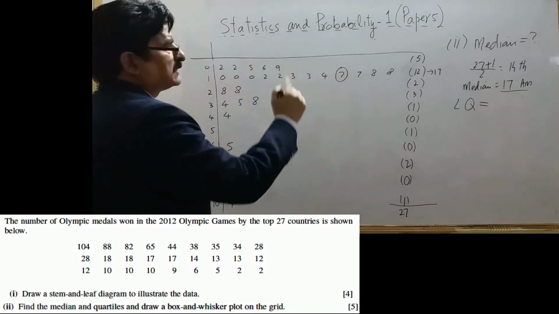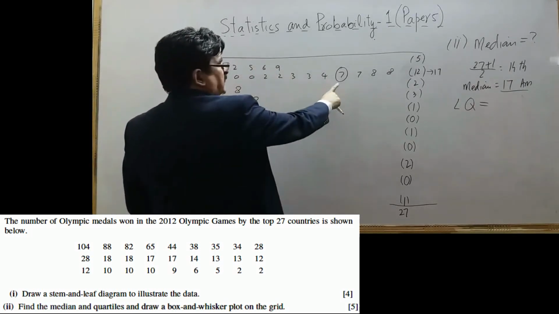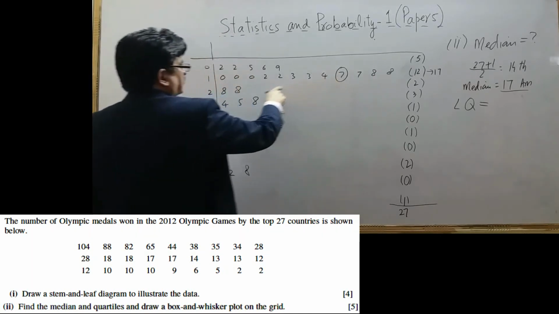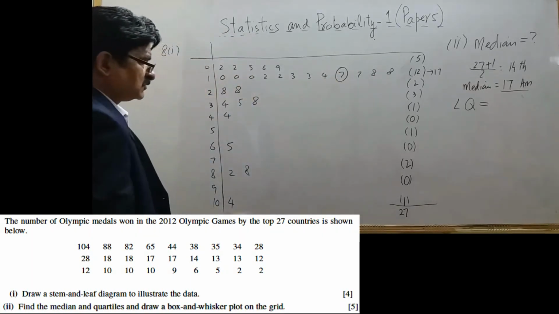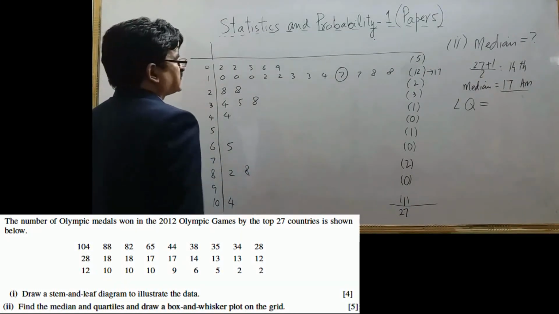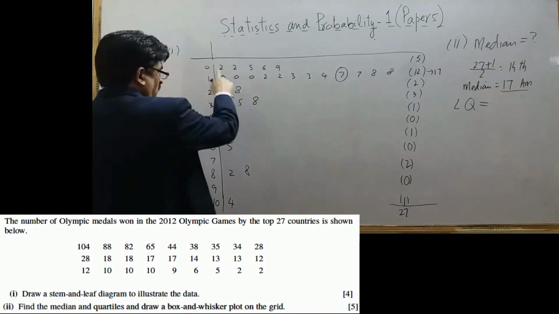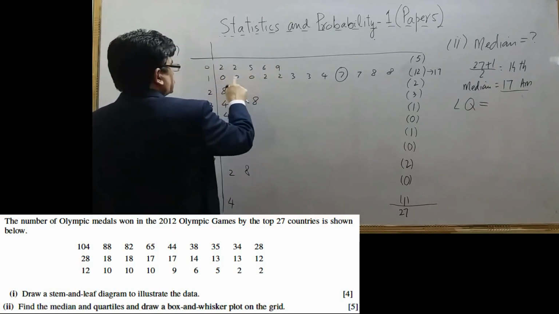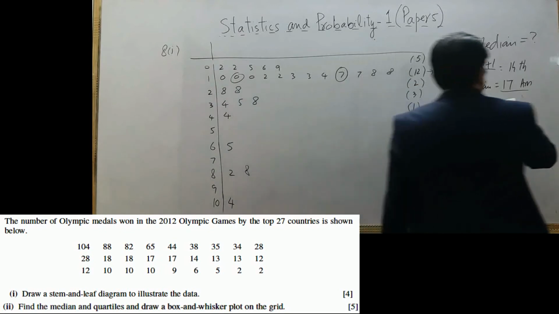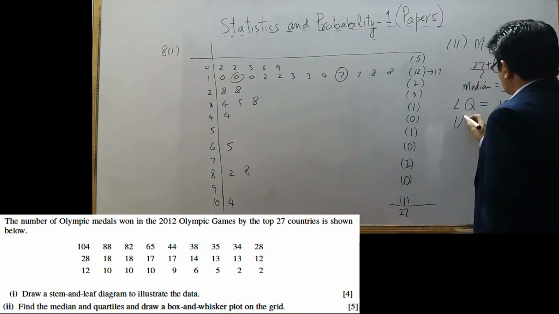This value is the 14th value, so before this we have 13 values. 13 plus 1 is 14, and half of that is 7. So the 7th value: 1, 2, 3, 4, 5, 6, 7. The 7th value is 10. So this is our lower quartile.